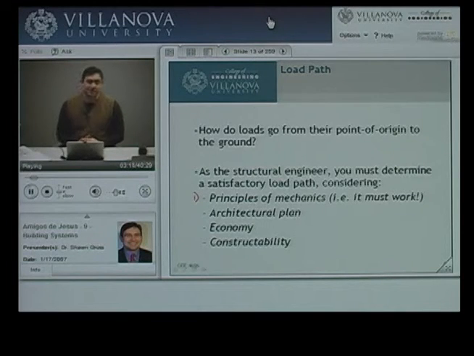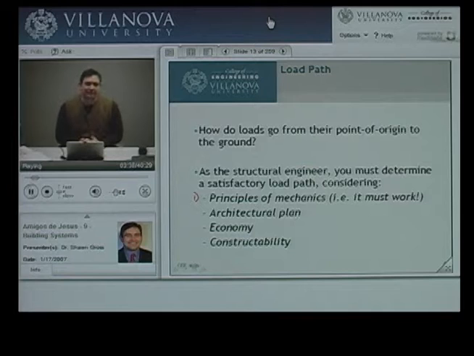We have to make sure that there actually is a load path. So satisfying the principles of mechanics really is just to check that we actually do have a load path. Not necessarily that we've got the best load path or alternative load paths or anything else, but simply making sure that there is a satisfactory load path that works based on the principles of mechanics.